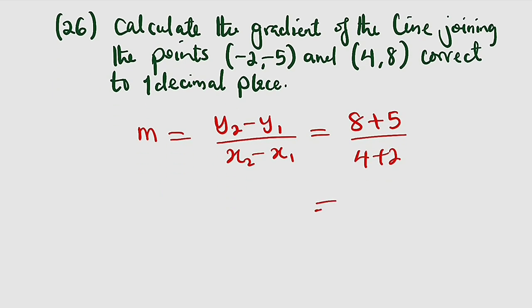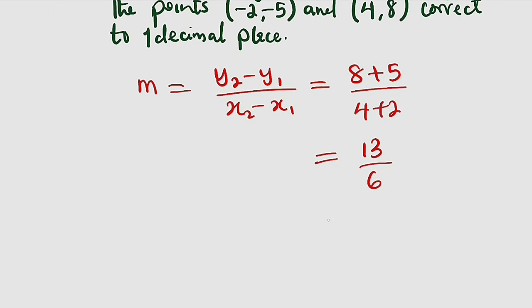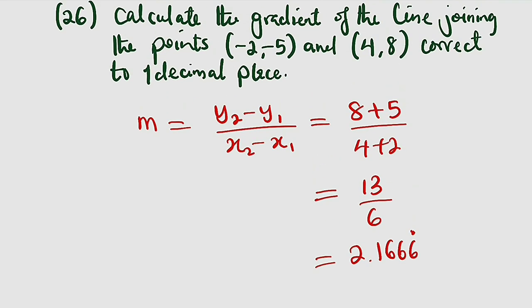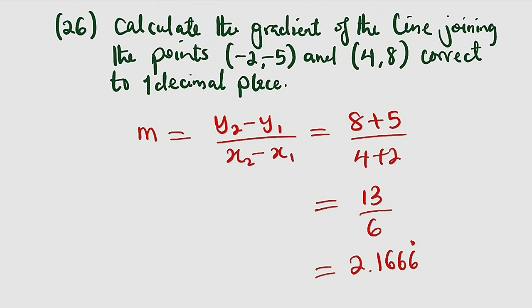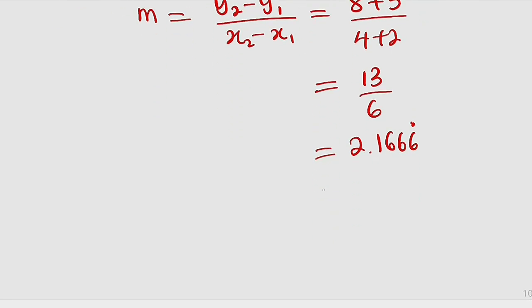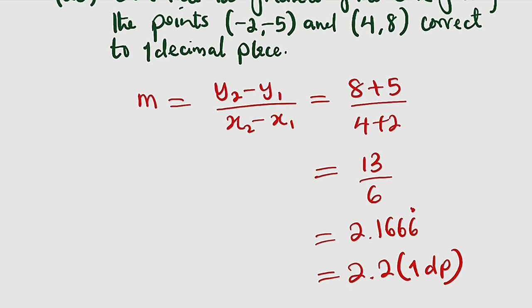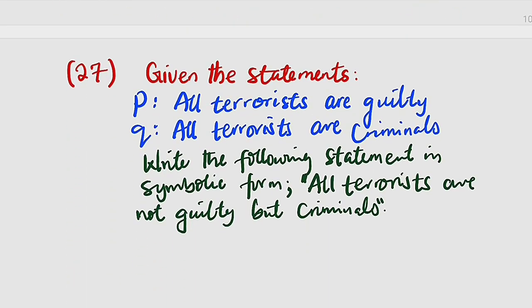So we have 13 divided by 6, and 13 divided by 6 is equal to 2.1666 recurring. But they said correct to 1 decimal place, right? So to 1 decimal place, we have this to be equal to 2.2. You round it up, 1 dp. So this is just the solution to this problem. Let us move on to question number 27.